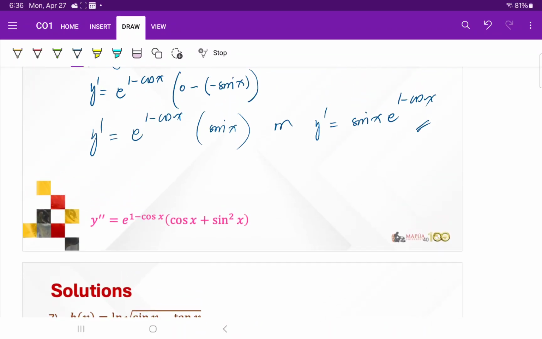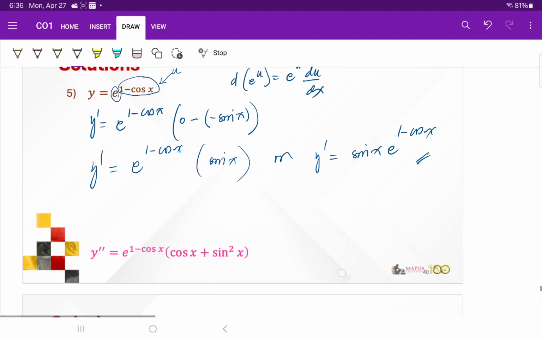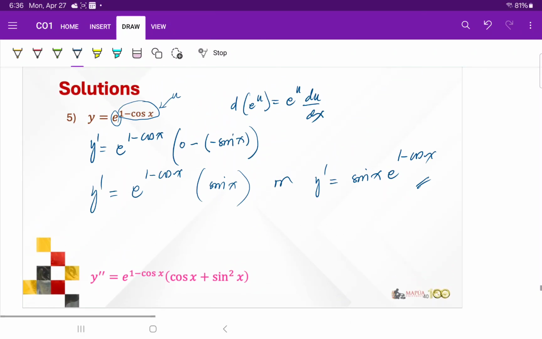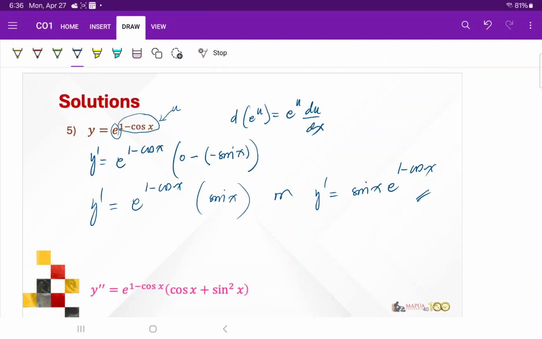What happened? Did you get the same answer? E to the 1 minus cosine x. What happened? Cosine of x. Hold on. E to the u.